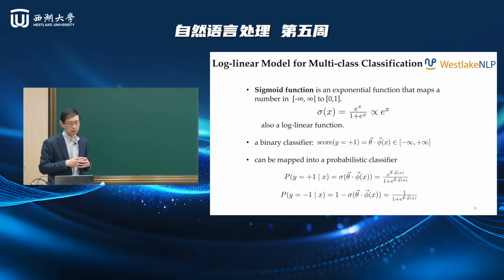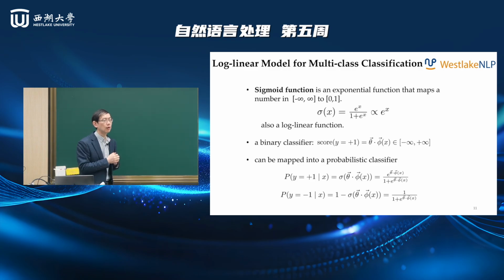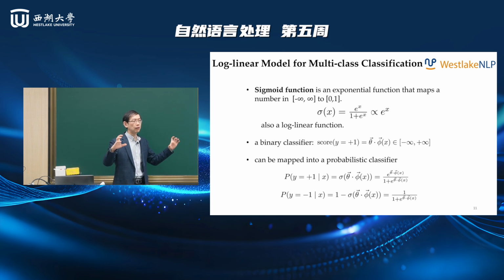If we turn a score into sigmoid form, it turns out to be between 0 and 1. When the original score x is 0, sigmoid x is 0.5, so the midway is the same.